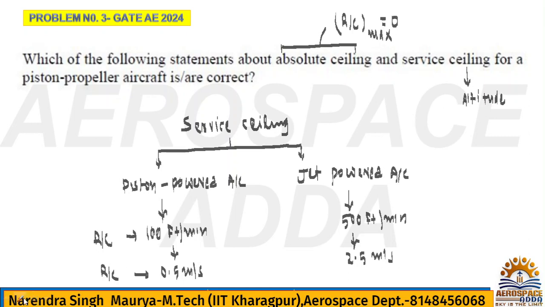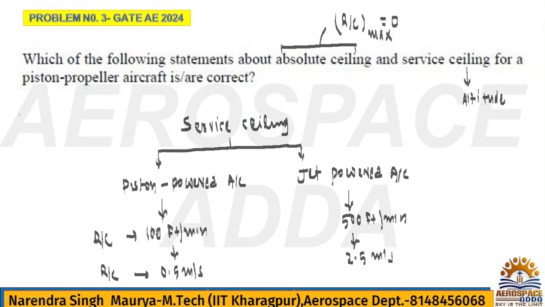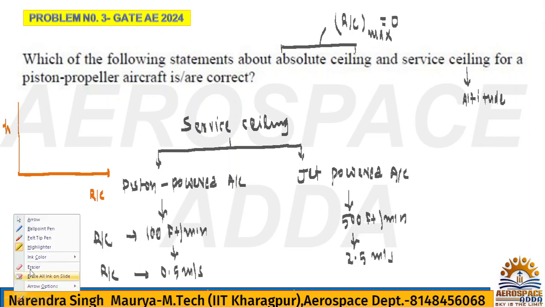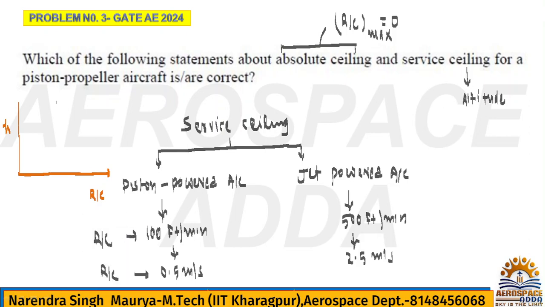Now this is the one thing. Second thing, I just want to give the graph also, so with the graph it will be more clear to you. See, this is the altitude, and this is the rate of climb. Here please concentrate.